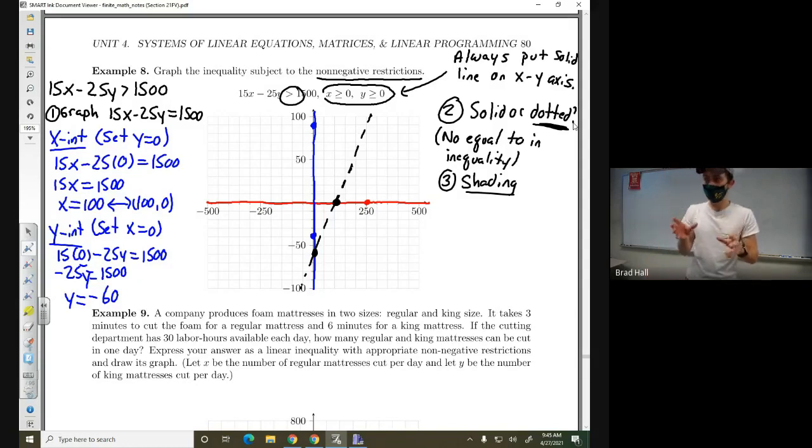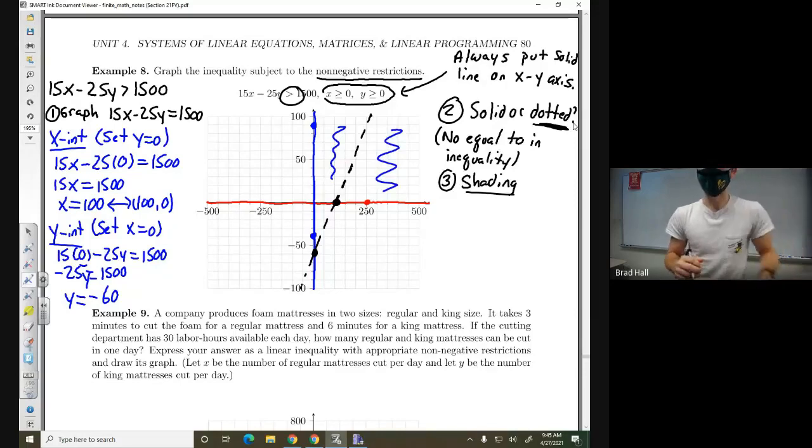When you see the words non-negative restriction, not only do you have to draw solid lines on the x and y axes, but this also tells you that you can only shade in the top right region of the graph. So the top right region, everything over here. This is also known as the first quadrant. Basically, this is telling you you can't shade in any of the negative regions. You have to shade in the non-negative regions. And the positive region's the top right one.